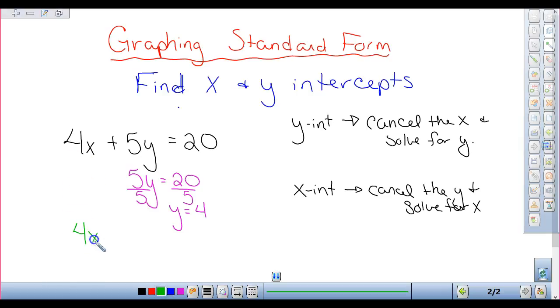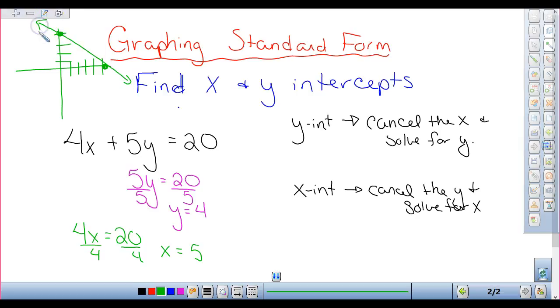I would have 4x equals 20. We can divide by 4. X equals 5. And then if I'm going to graph this, okay, so x equals 5. So 1, 2, 3, 4, 5. X is right there, right? Y is 4. So 1, 2, 3, 4 on the y-axis. And then I can draw that up.